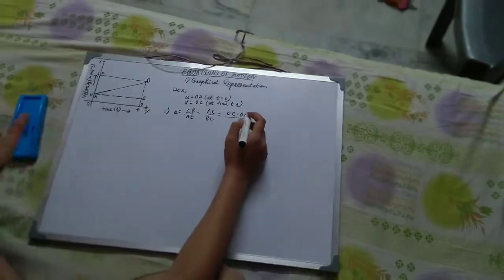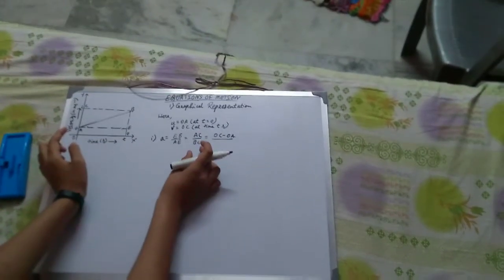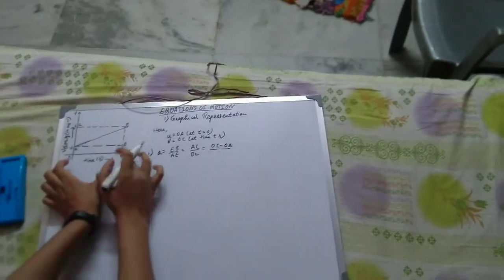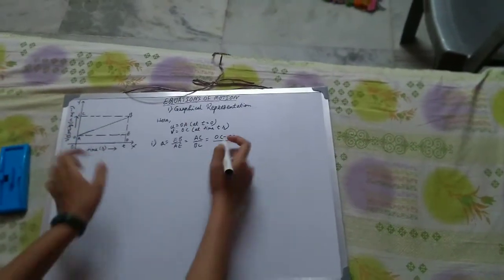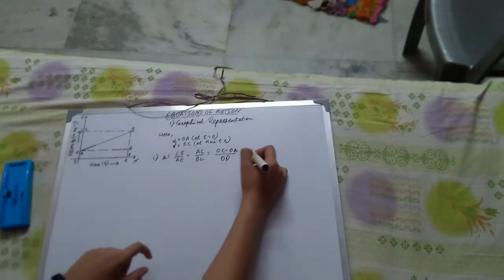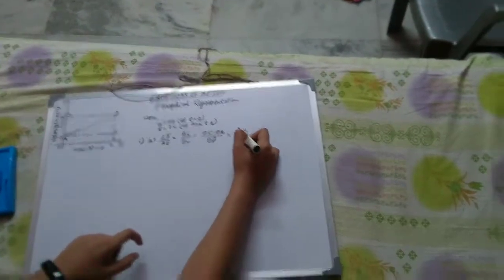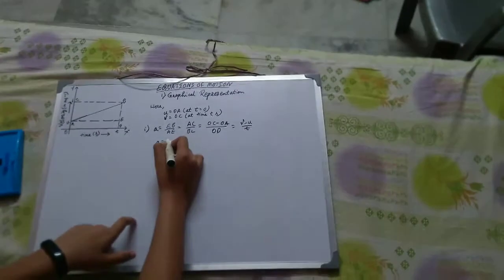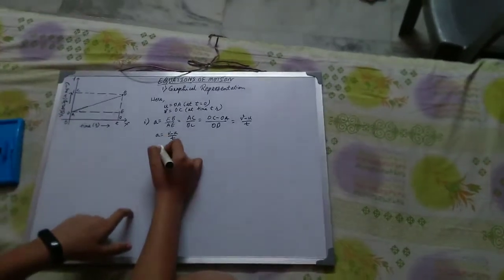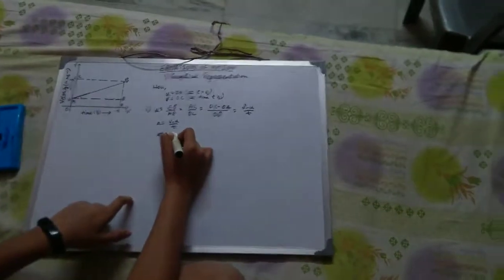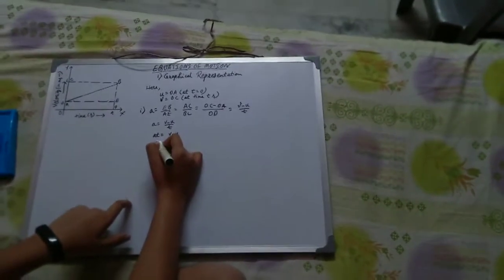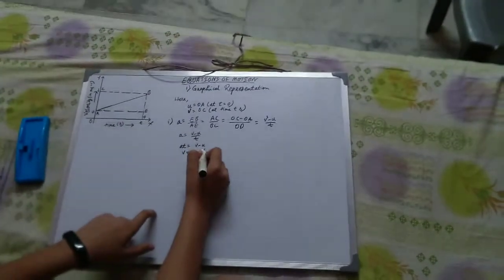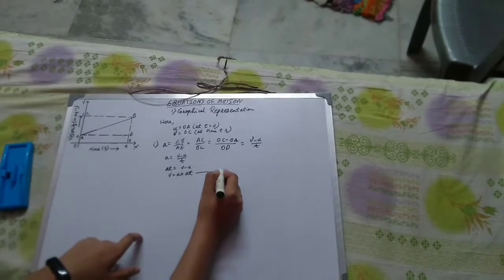Here OD is the time taken by the body, and OC is equal to v and OA equal to u. So we can write v minus u by t. Now we have got a equal to v minus u by t, or at equal to v minus u, or v equals u plus at. So friends, this is the first equation of motion.